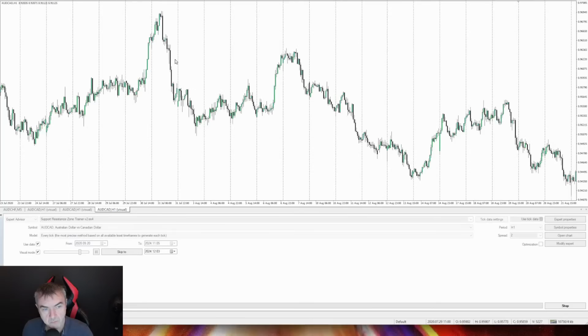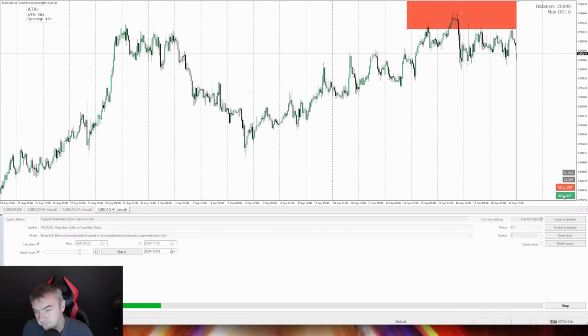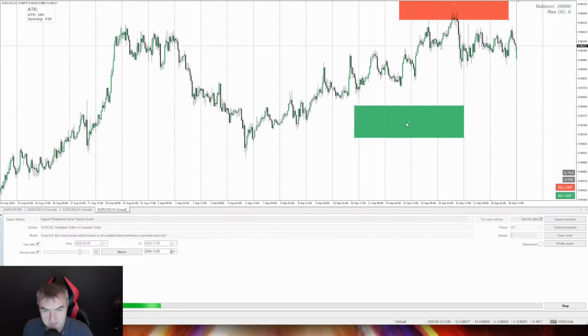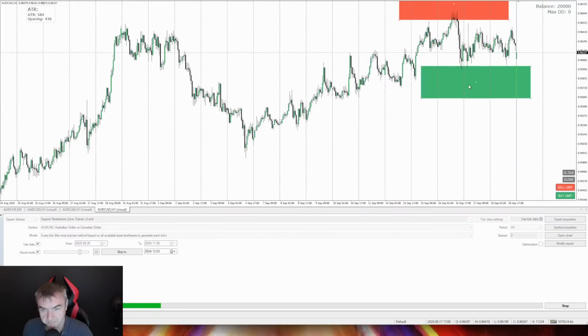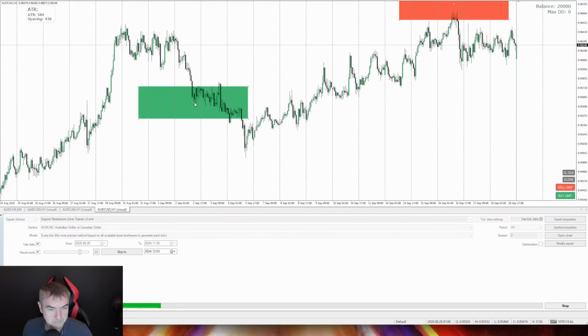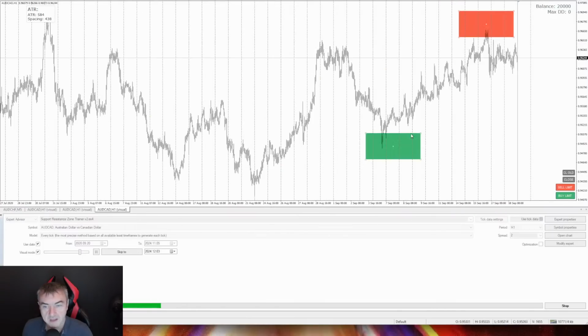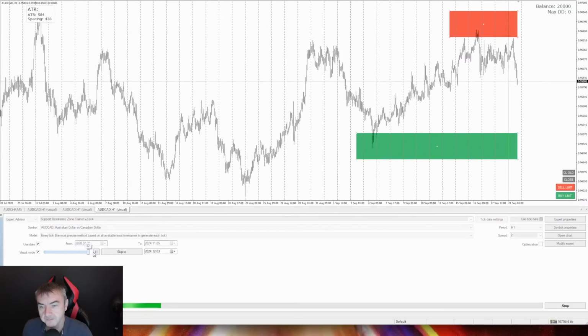So what I found was that it would blow through zones. That's a good level. So it would blow through the zone.